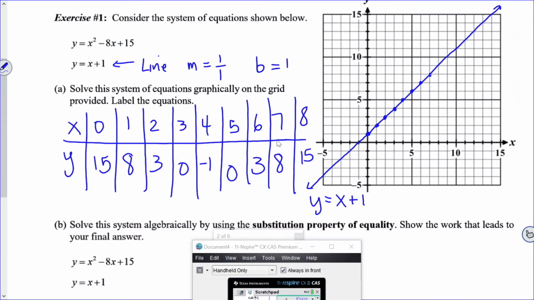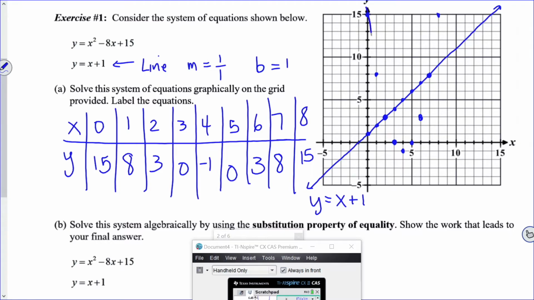All right, now I can graph my parabola. All right, I've got 0, 15, way up here, 1, 8, right here, 2, 3, right here, oh, sorry, wait, 3, 0, sorry, missed that one. 4, negative 1, 5, 0, 6, 3, 7, 8, that sounds funny, and 8, 15.